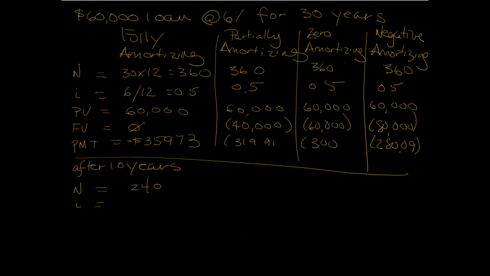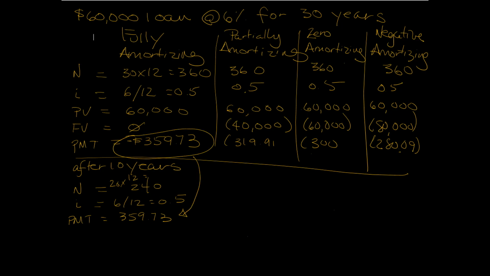There's 240 payments left, and we're solving for the present value of those payments. So our n is going to be 240. Interest rate is still going to be 6 divided by 12, or 0.5%. But our payment is going to be the payment that we calculated before on that fully amortizing loan. So that was negative $359.73.